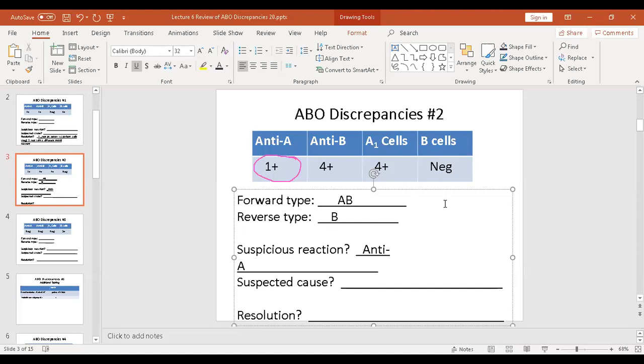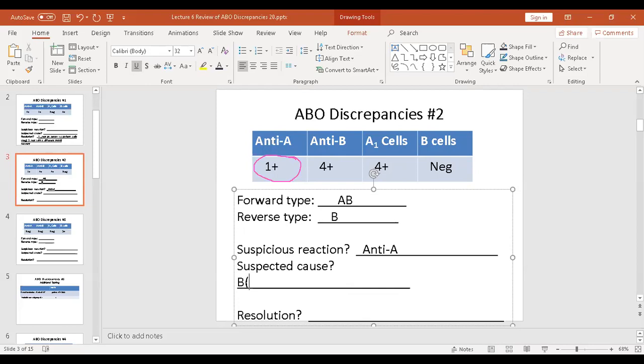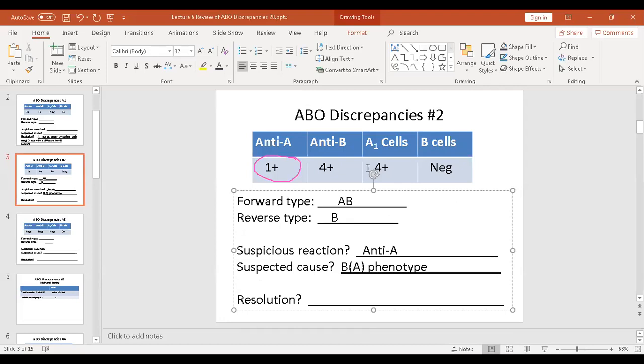Okay, what do we think is the cause? Well, this is kind of similar to the acquired B that we talked about in the last discrepancy. Basically there's something called the B(A) phenotype. This is very similar to the last one, except in this instance we have an individual who's really type B, who looks like they've acquired an A antigen.